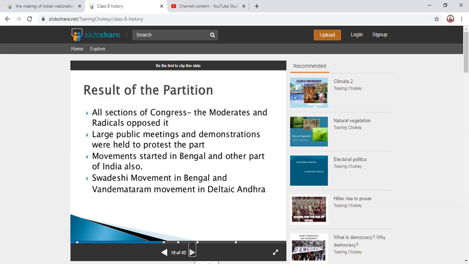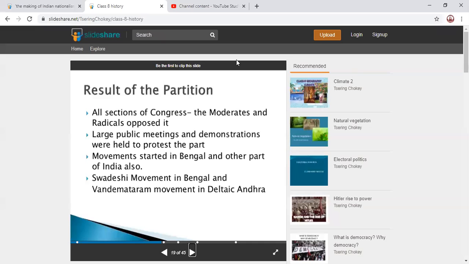Refusal to use British goods, items, materials, everything given by the Britishers, which should be strictly opposed in society. These two methods were opted by the moderates and radicals to increase the feeling of nationalism among the Indians.